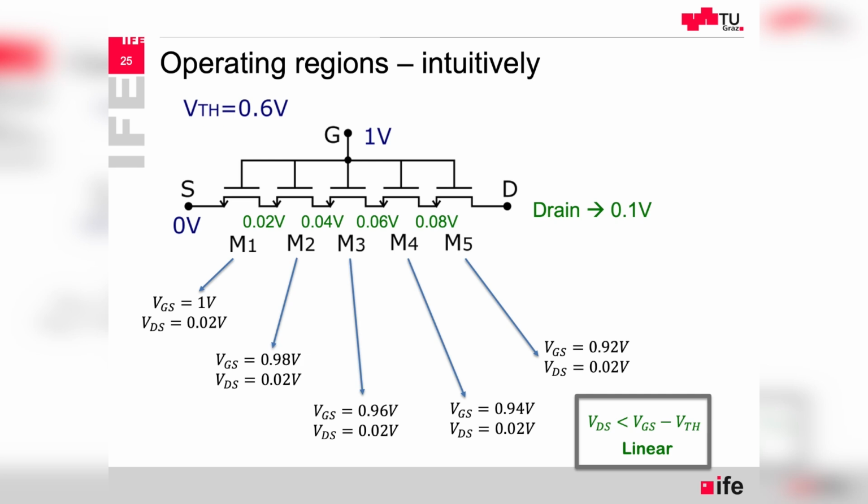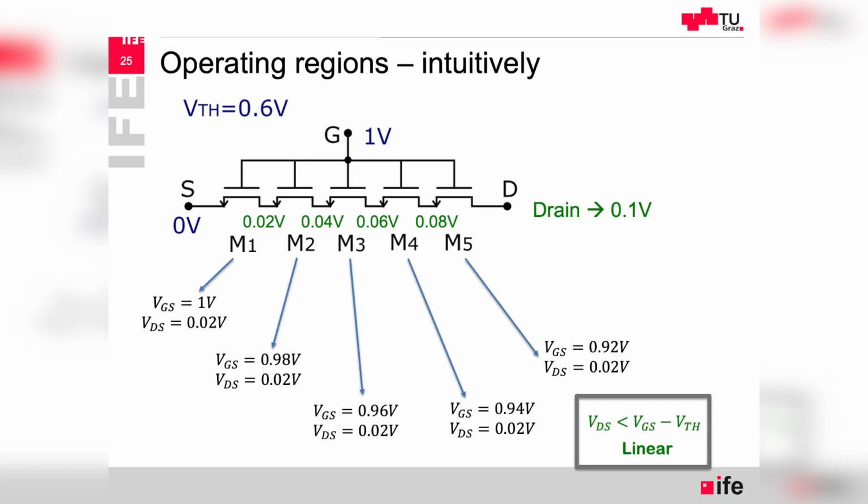So 0.1, with the quick analysis of the linear or saturation operating region, we see that the drain to source voltage is smaller than gate to source minus VTH. So we are in the linear region.